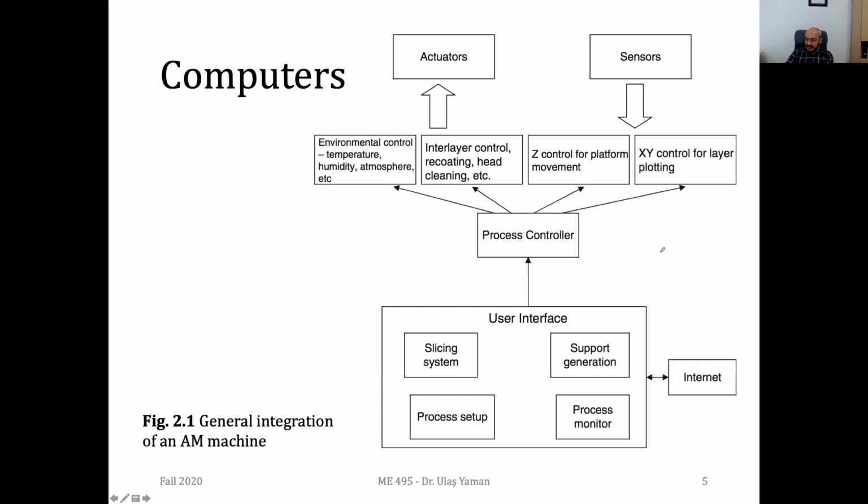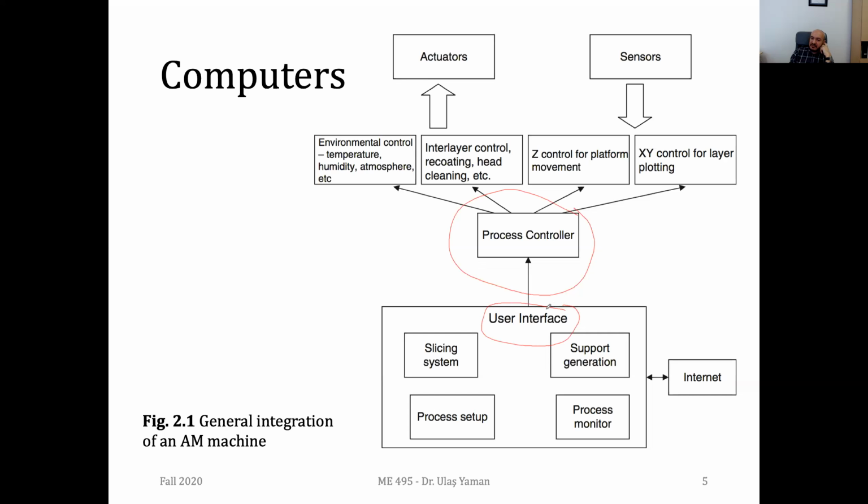This is actually a schematic showing the structure of additive manufacturing machinery. For most of the time, we have process control. This is actually the heart of the additive manufacturing system. And as you see, we give inputs through a user interface. This is a graphical user interface.